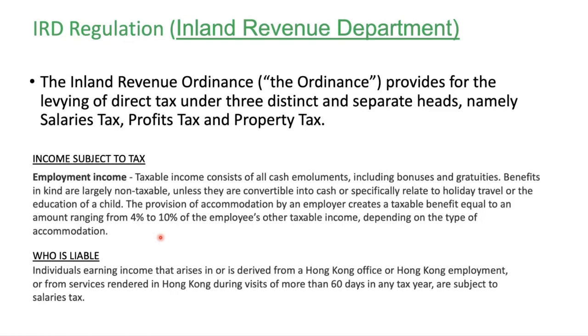Basically, any of the income which is derived from Hong Kong office or Hong Kong employment, or any foreigner visiting for 60 days or more in Hong Kong for any tax years are all subject to the salaries tax. Okay. I'll not be discussing in more detail what are the forms available in our system and what are the exemption forms and other details that will be shown by Sway here.